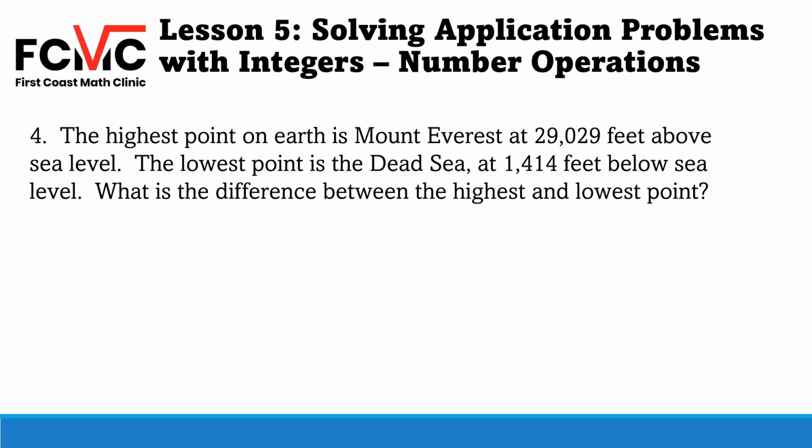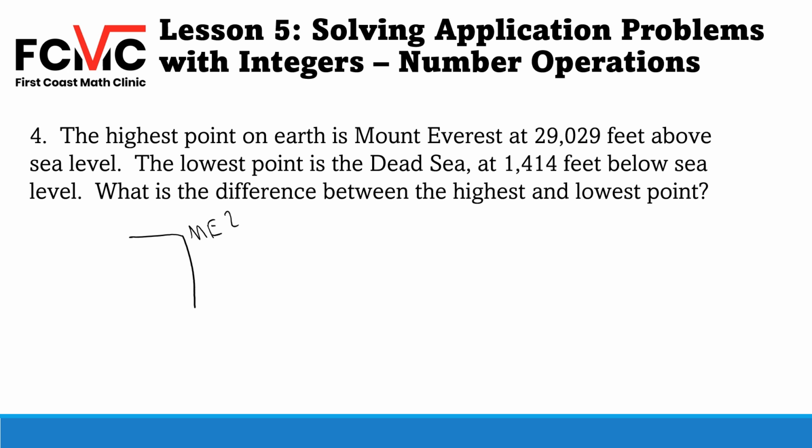So for number 4, the highest point on Earth is Mount Everest at 29,029 feet above sea level. The lowest point on Earth is the Dead Sea at 1,414 feet below sea level. What is the difference between the highest point and the lowest point? So, if we kind of illustrate this, all right, we've got our highest point here. So this is Mount Everest.